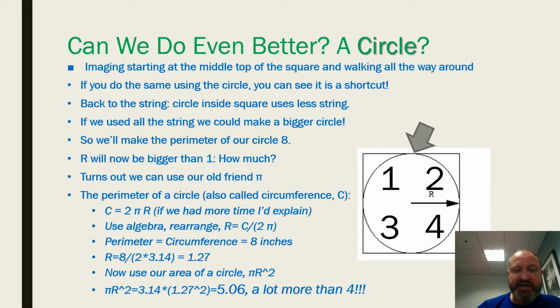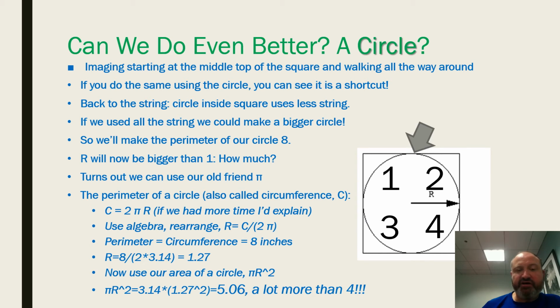We rearrange that algebraically, and we get r equals circumference divided by 2 pi. So we now know, with just a little more algebra, that the radius of a circle with 8-inch circumference is approximately 1.27 inches. Now we go back to our formula, pi r squared, for the area of the circle.